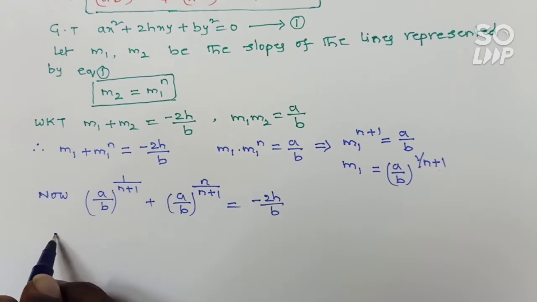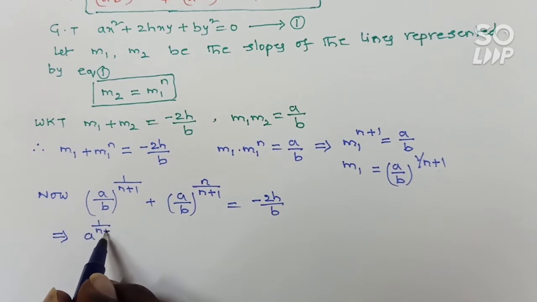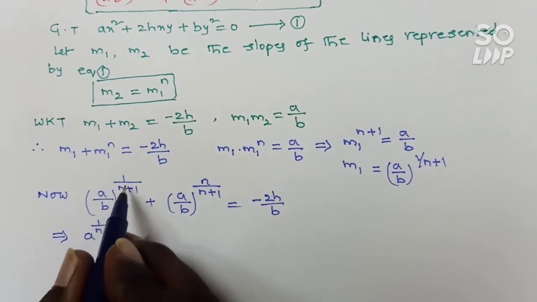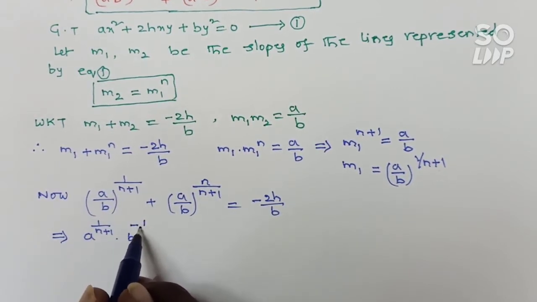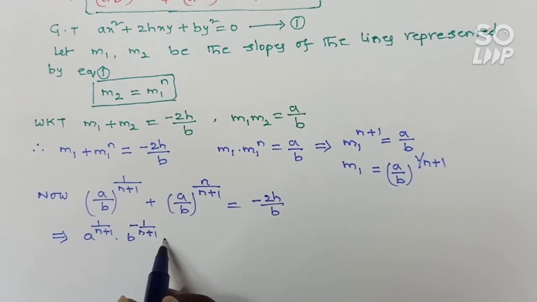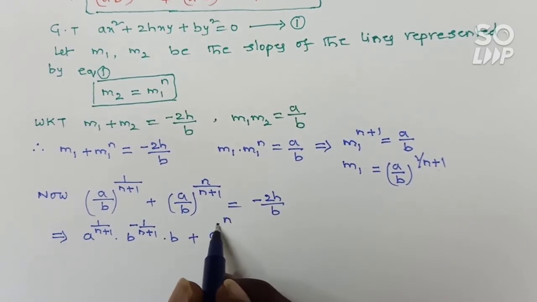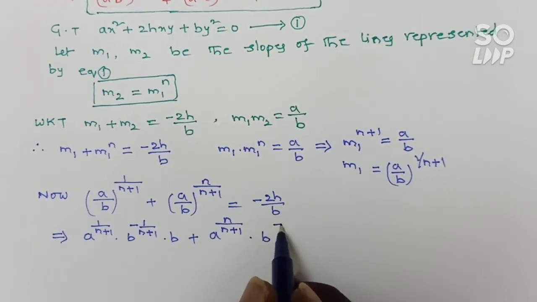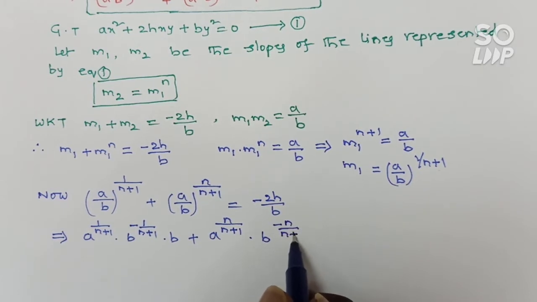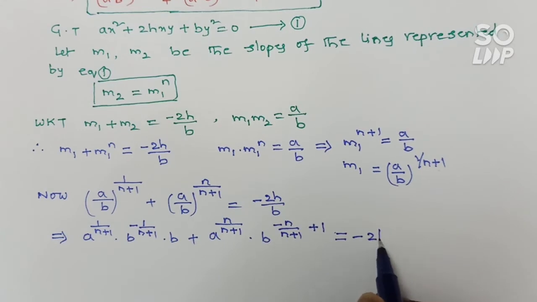By cross multiplying, a power 1 by n plus 1 into b power minus 1 by n plus 1 into b, plus a to the power of n by n plus 1 into b to the power of minus n by n plus 1 into b, equals minus 2h.